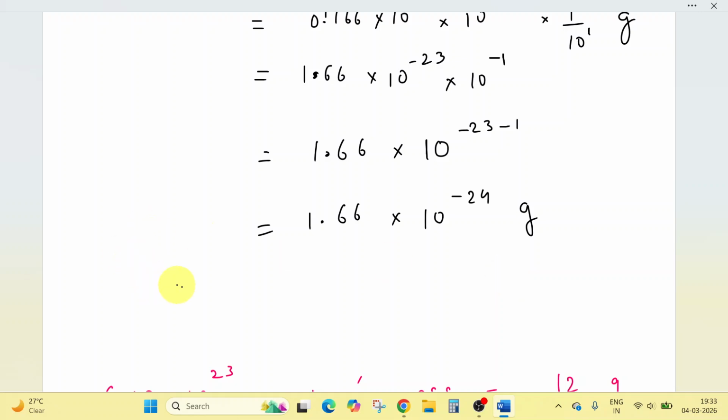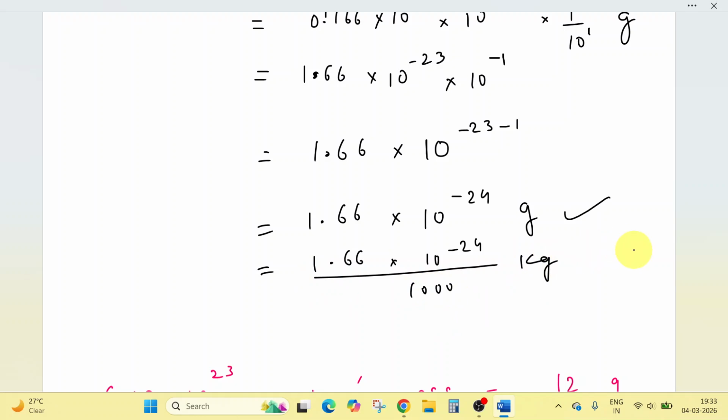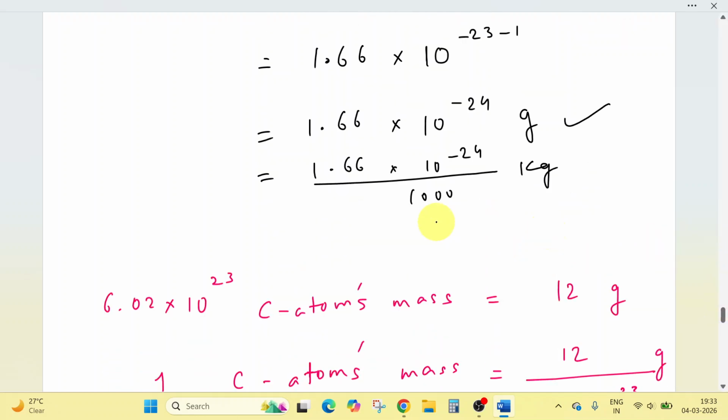Or if you want to convert it to kg, তাহলে কেজি তে কনভার্ট করলে কি হবে? ডিভাইডেড বাই 1000, তাই না? তাহলে এটা গ্রামেও ঠিক আছে, if I divide it by 1000, 10 to the power minus 24 divided by 1000, it will give me in kg. গ্রাম থেকে কেজিতে কনভার্ট করলে 1000 দিয়ে ডিভাইড করতে হয় তো, তাহলে ফার্দার 10 to the power minus 3 will add up, তাই না? এখান থেকে তিনটে জিরো উপরে গেলে আবার 10 to the power minus 3, তাই তো?